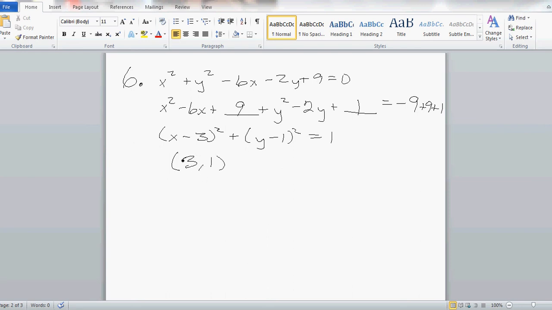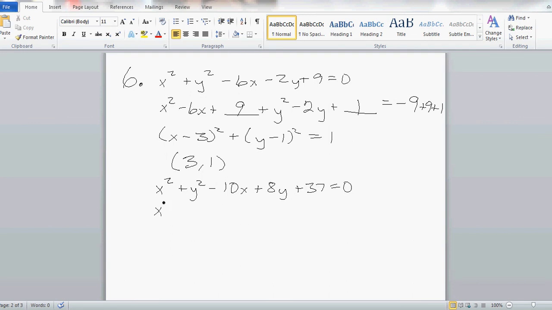Now that's just a very small part of this problem, because now we have to take the other circle, x squared plus y squared minus 10x plus 8y plus 37 equals 0.